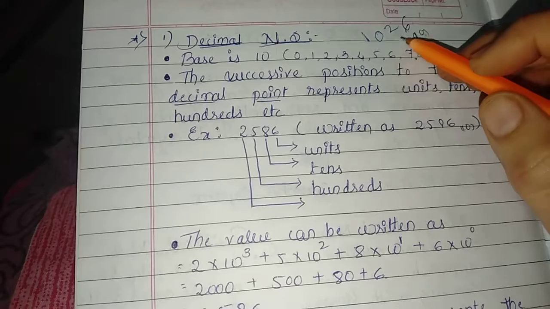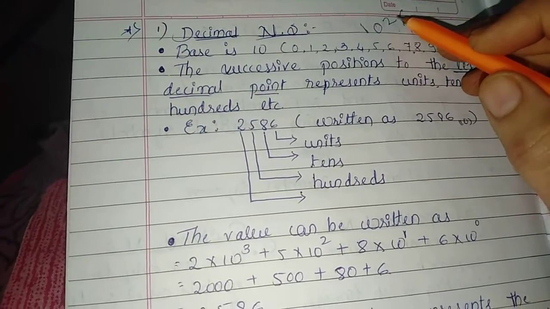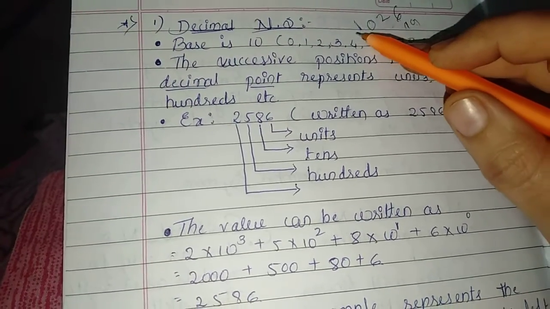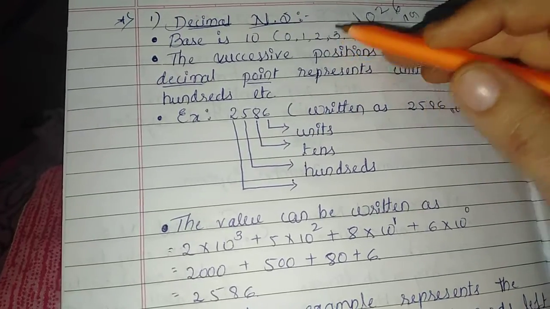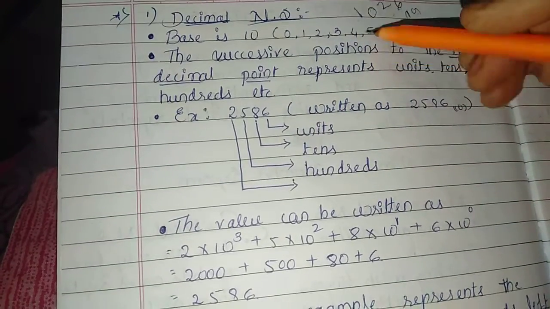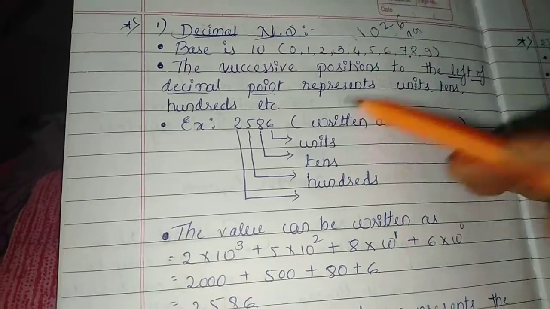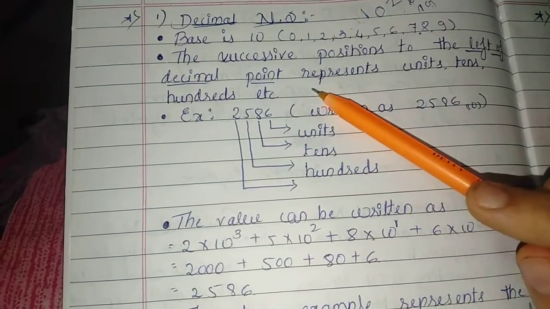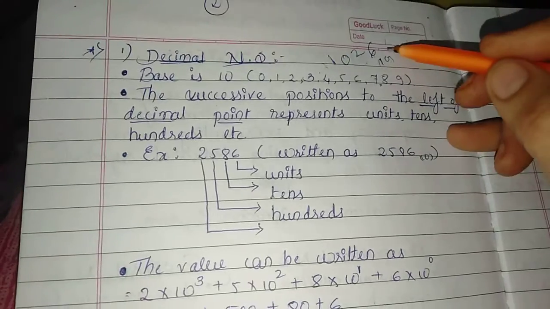In this number system, 6 is in the position of units, 2 in the position of tens, 0 in the position of hundreds and 1 in the position of thousands, and any other digits will be in positions like 10,000, lakhs. The successive positions to the left side of the decimal point represent units, tens, hundreds.